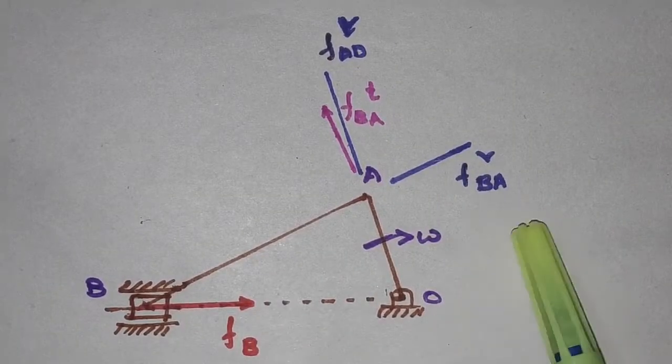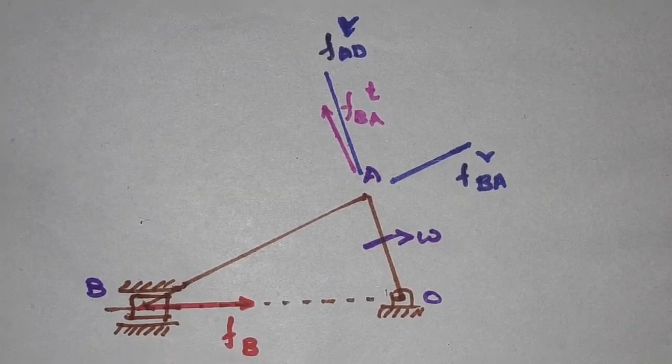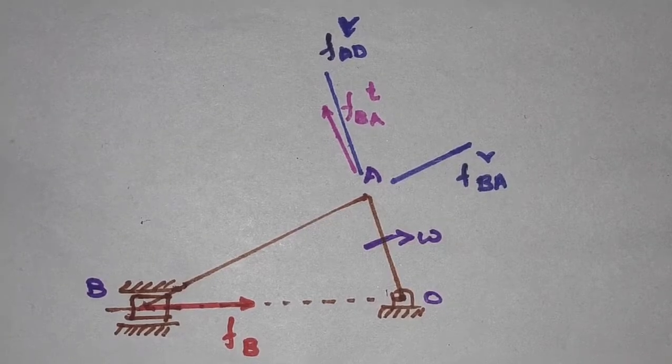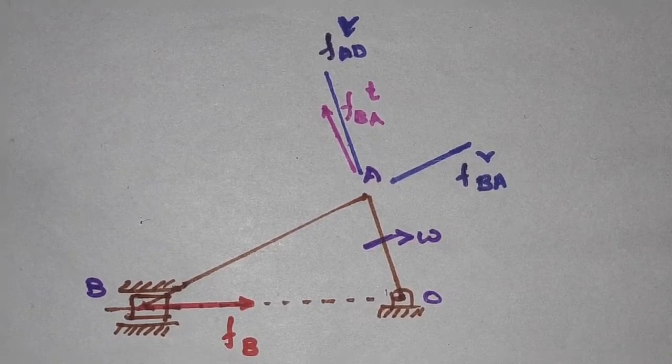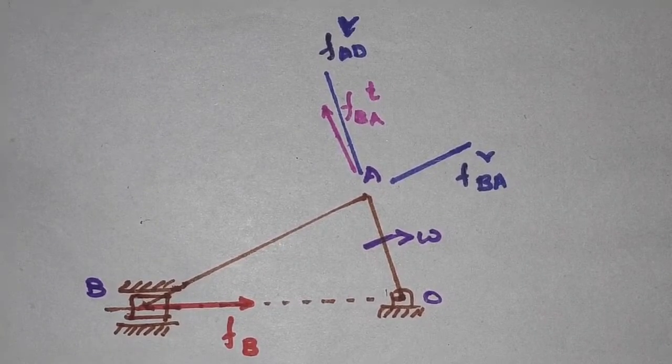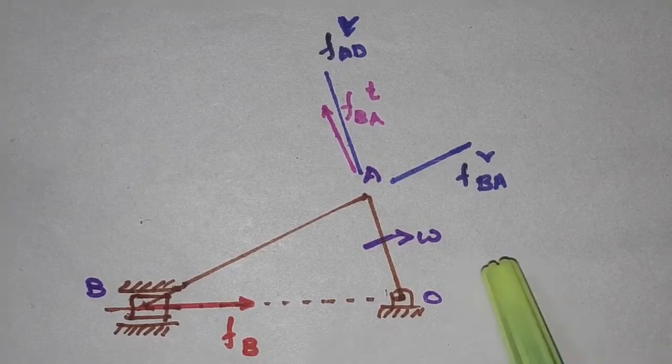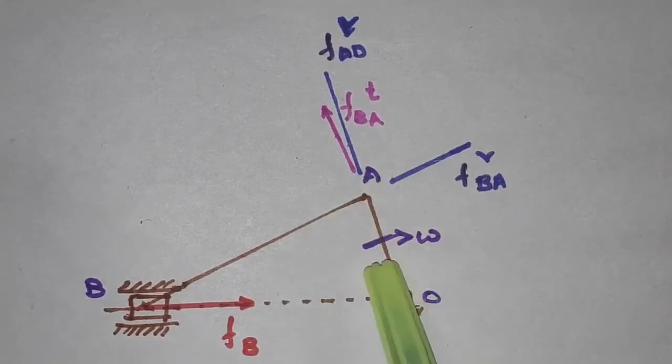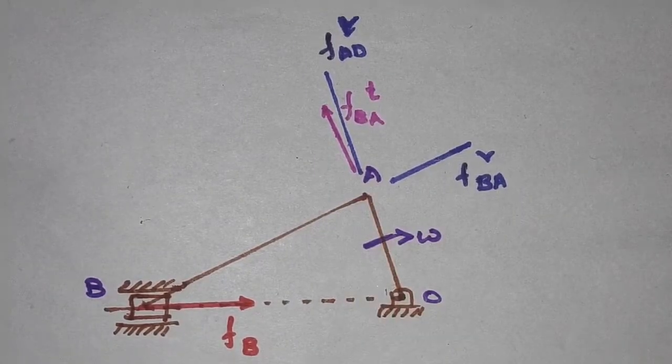So here we have our first assumption, same as in the 4-bar mechanism. If you have not watched the video lecture on how to determine the acceleration in a 4-bar mechanism graphically, you can refer to the YouTube card which will appear on the top right corner. Here the same assumptions are followed. We assume that the tangential component of the acceleration of crank OA is equal to 0.